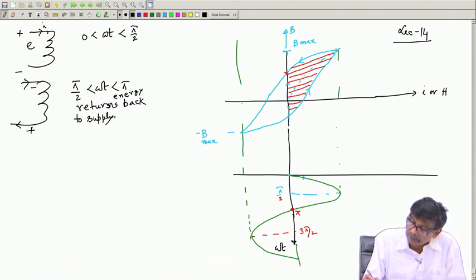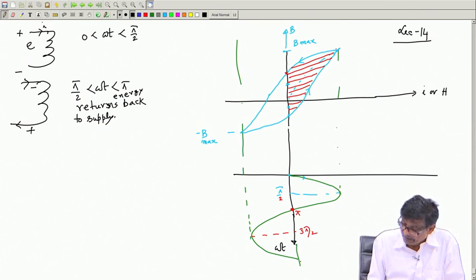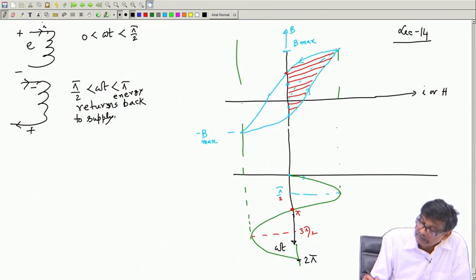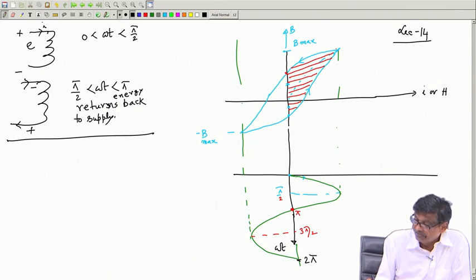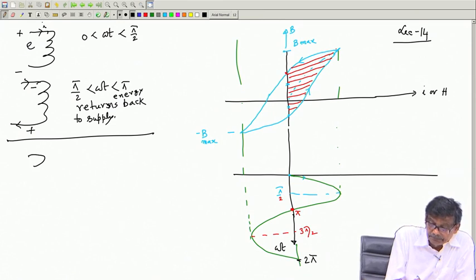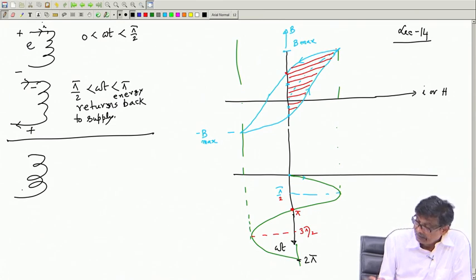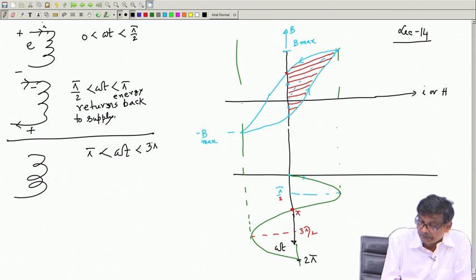Similarly, if between pi and 2 pi you consider, it will absorb energy, that is okay, let me draw this. So, this is the first positive current half cycle. Then the negative part will be, say, between omega t pi and 3 pi by 2.